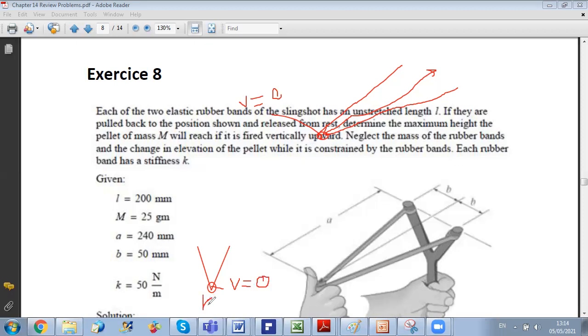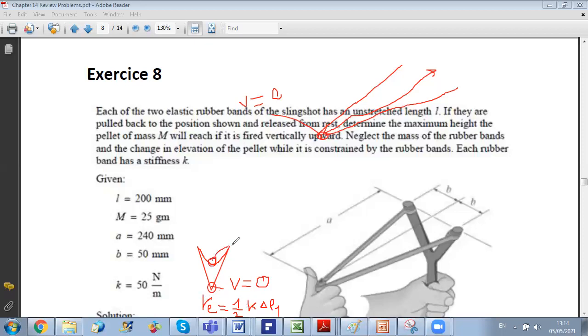Okay, the elastic potential energy is half K delta L1 squared. What will happen when you remove your hand? When you remove your hand, the stretching of the spring decreases until it reaches the position where the rubber is unstretched. At this position the elastic potential energy is 0, and it has been transformed to what?